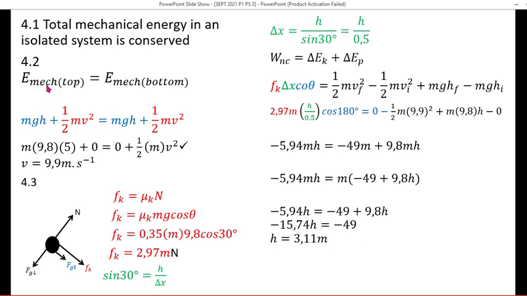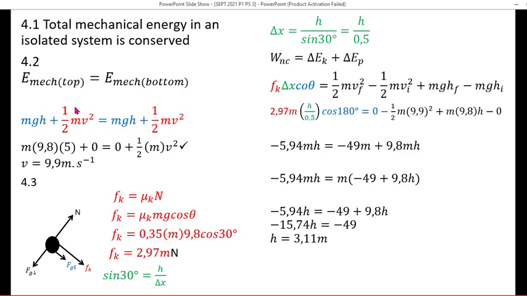So when we put in the formula for potential energy, mgh, plus the formula for kinetic energy, half mv squared, it is equal to mgh plus half mv squared at the bottom.